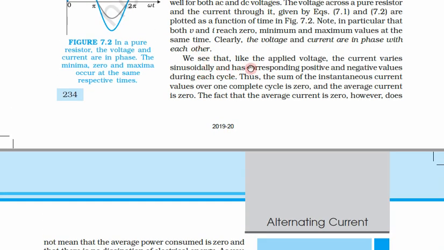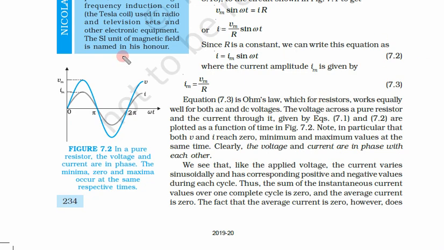Here the applied voltage and the current vary sinusoidally and have corresponding positive and negative values for each cycle. Thus the sum of instantaneous current values over one complete cycle is 0. This is very important.